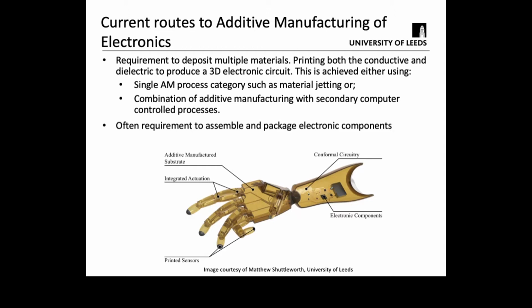Now you're going to hear some interesting examples about using material jetting as a single AM process, a kind of factory in a box, and that's going to be quite an interesting discussion around how you interleave those conductors and the dielectrics. Another method of doing this isn't relying on one process, but looking to combine different techniques, either 2 additive manufacturing processes or additive manufacturing with secondary computer controlled techniques such as jetting or dispensing.